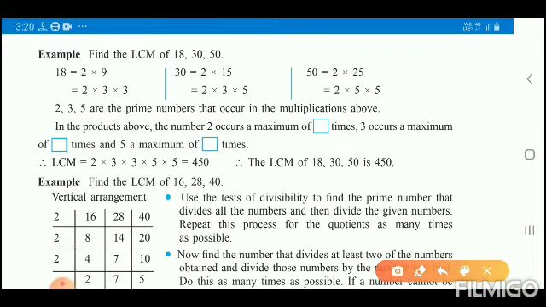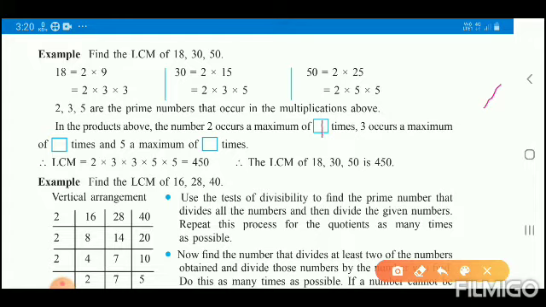Now we will see that 2, 3 and 5 are the prime numbers that occur in the multiplications above. In the products above, how many times does the number 2 occur at maximum? Maximum 1 time only.